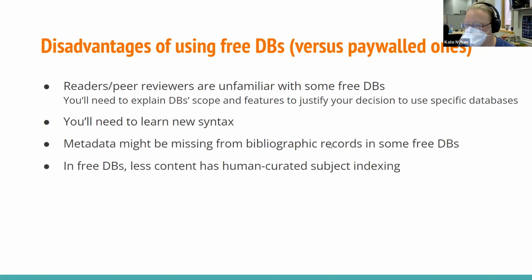And it's pretty common that in free databases, less of the content has human curated subject indexing or human applied controlled vocabulary terms. Now, these can present issues. You want to be thoughtful about how you handle them. But in my view, these disadvantages do not outweigh the advantages that we saw on the previous slide.